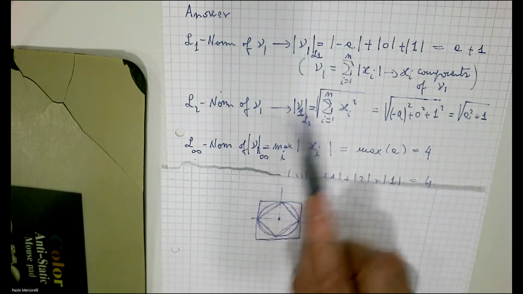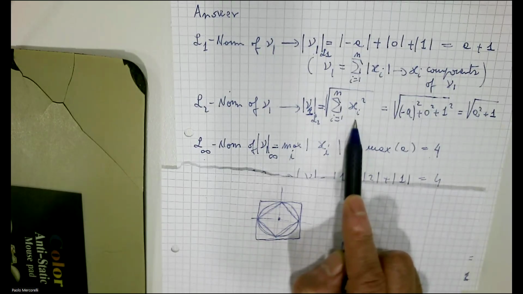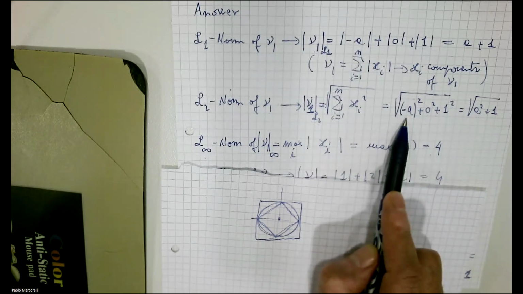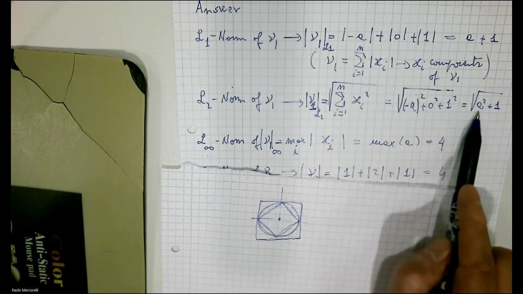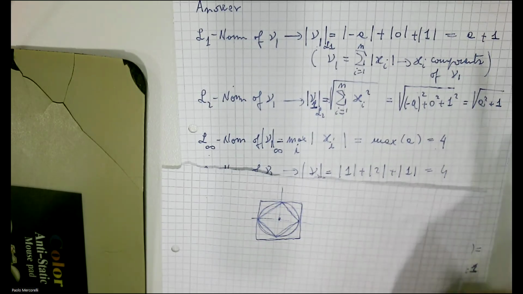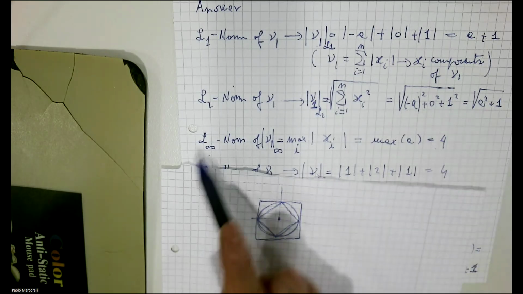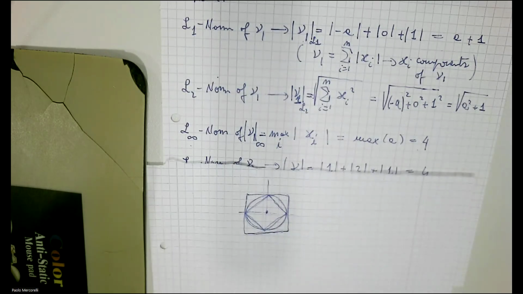The norm L2 is the root of the sum of the component squares, Pythagoras theorem. This means minus A squared plus 0 squared plus 1 squared. This means root of A squared plus 1. Norm L infinite, this is the definition, basically is the maximal component if I consider the components in absolute value.